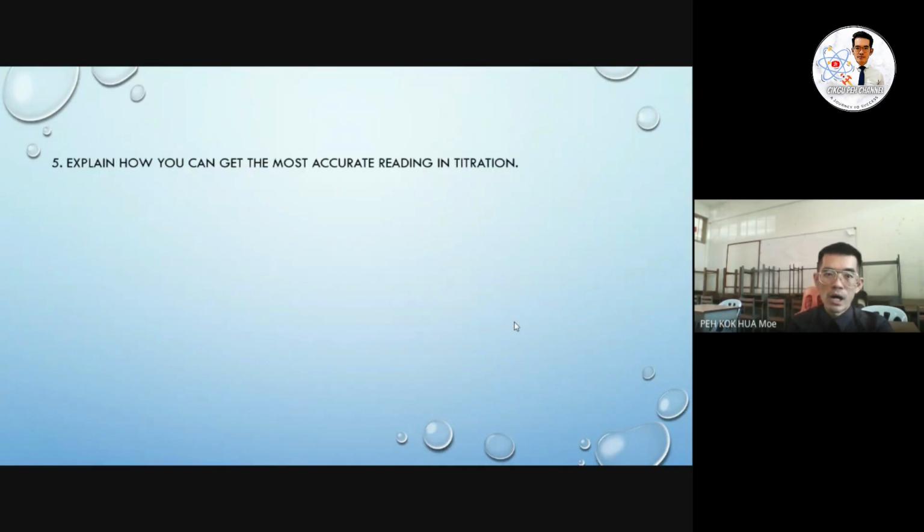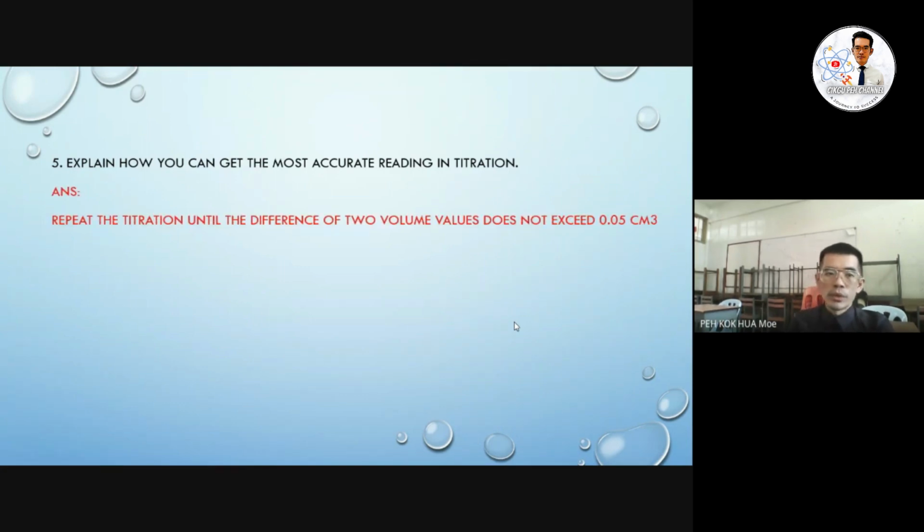Next, explain how you can get the most accurate reading in titration. Titration is the method for neutralization, which you also learned in your Form 2 syllabus. Repeat the titration until the difference between 2 volume values does not exceed 0.05 cm3.